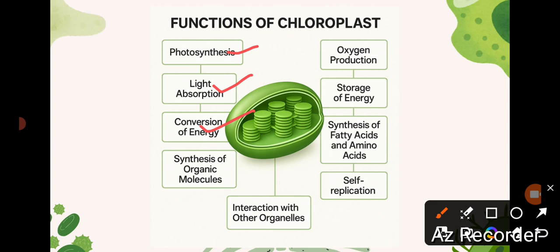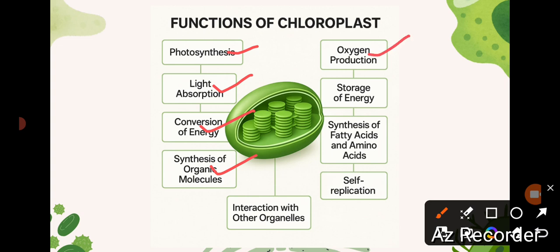Next is the synthesis of organic molecules. In the stroma, through the Calvin cycle, carbon dioxide is fixed into glucose and other carbohydrates, which serve as food for the plants and energy for other organisms, right? Next is oxygen production.